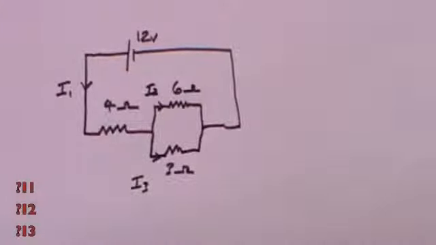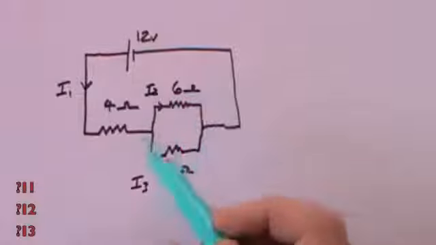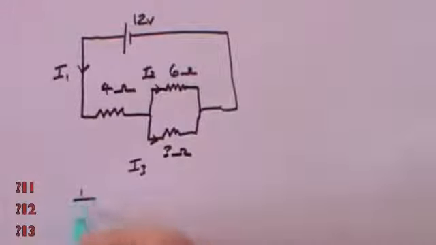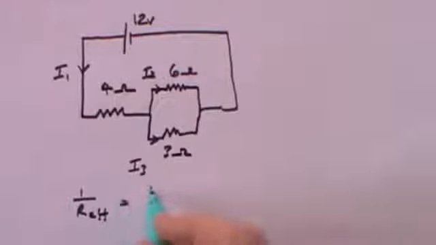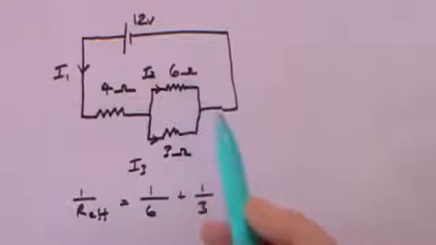Well, the first thing we have to do is to find out what the effective resistance is of these two resistors in parallel. And you'll remember that the formula for that is that 1 over R effective is equal to 1 over 6 plus 1 over 3. In other words, 1 over the effective resistance of the pair is 1 over the first resistance plus 1 over the second resistance.